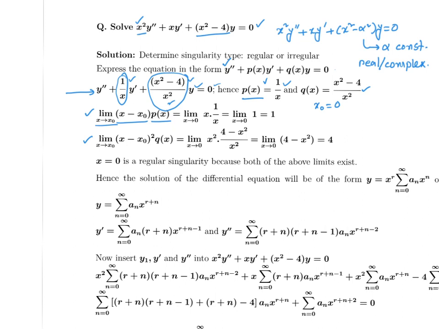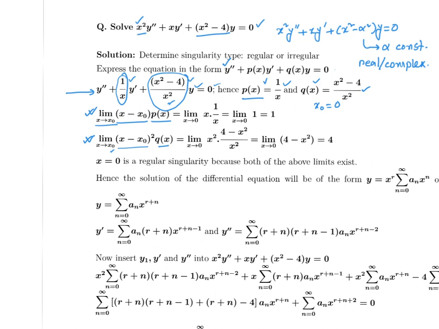If we take this limit, if it exists, as well as the second limit, which is limit as x approaches x naught of (x minus x naught) whole squared times q of x, which is this, if that limit exists as well, then the point x naught will be called a regular singular point. Please do keep in mind that both of these limits must exist for x naught to be a regular singular point.